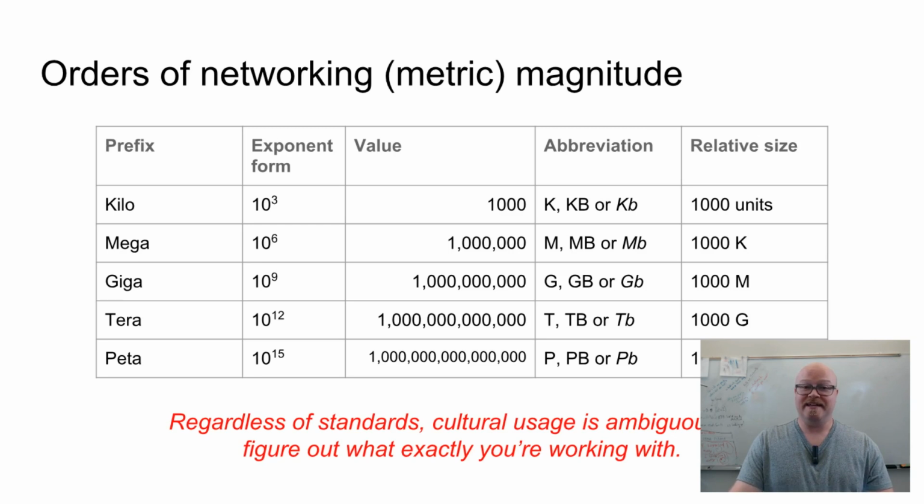And these powers of 10 don't have exponents that go up by 10. These are base 10 with exponents that go up by 3 at a time. So a kilobit is 10 to the 3rd bits, and a megabit is 10 to the 6th bits, and then we go to 10 to the 9th, 10 to the 12th, etc.